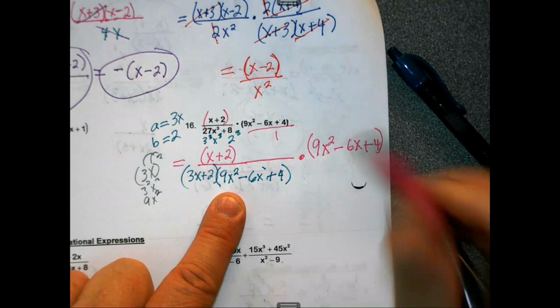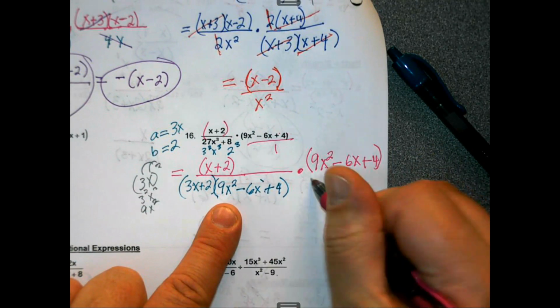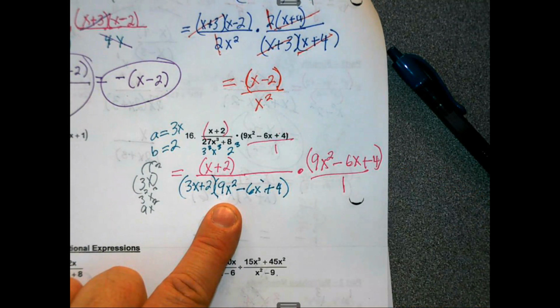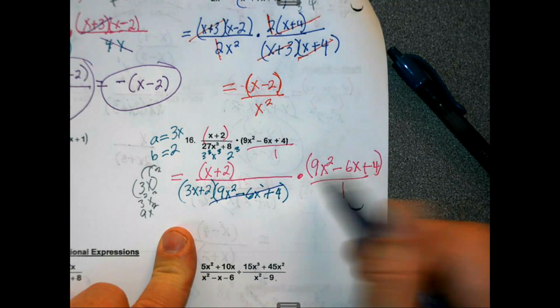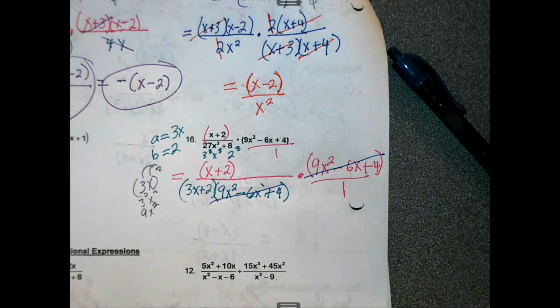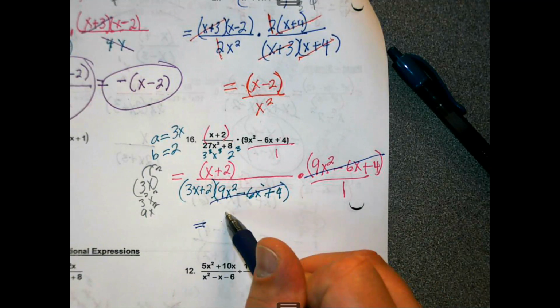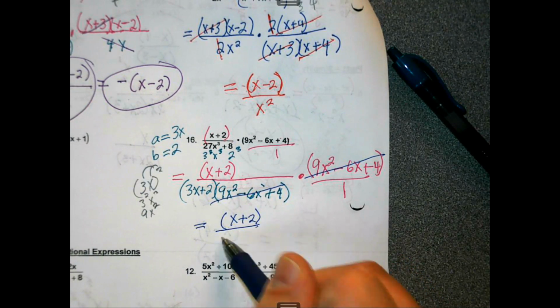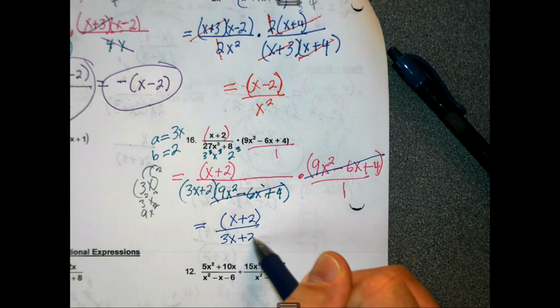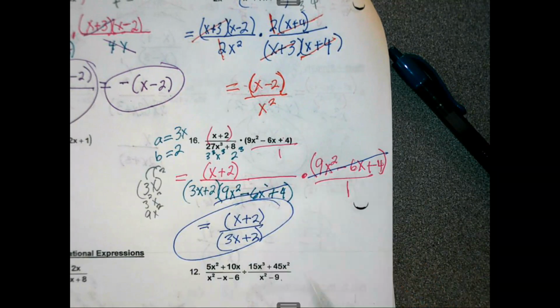Because I can cancel out, now this is over 1, I can go ahead and cancel out these trinomials because they're the same. So I'm left with x plus 2 over 3x plus 2.